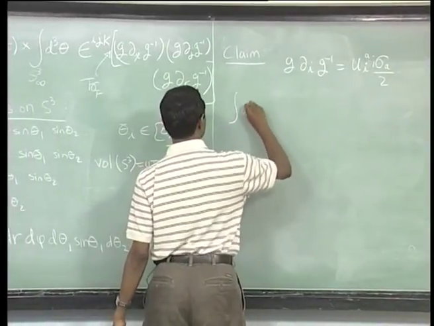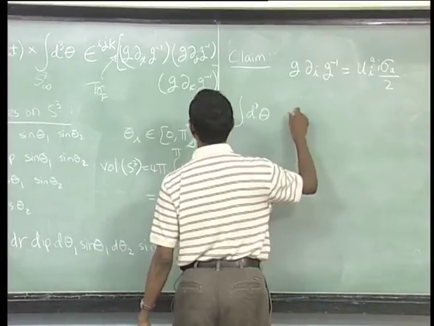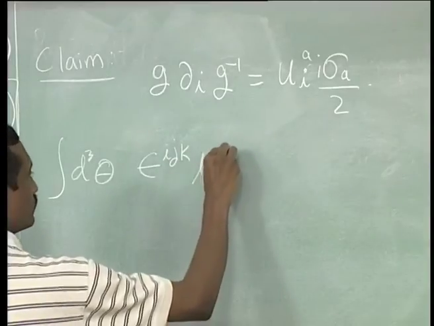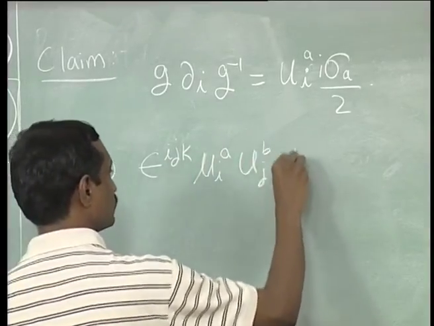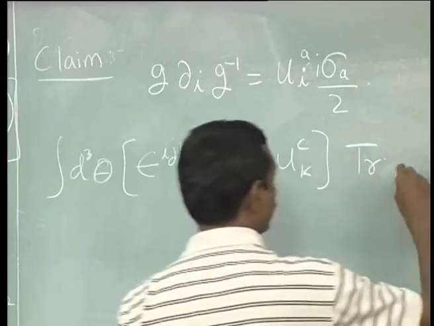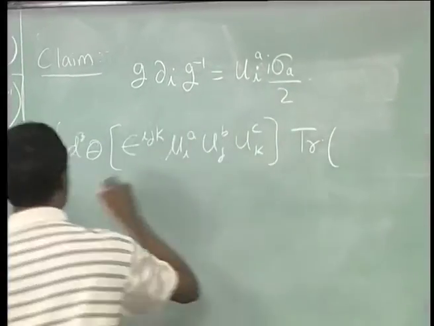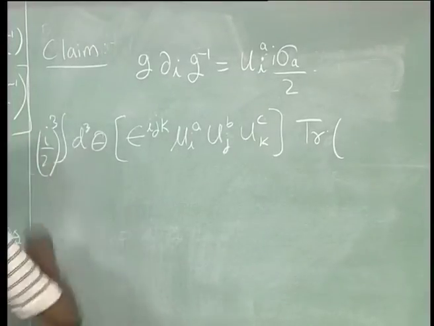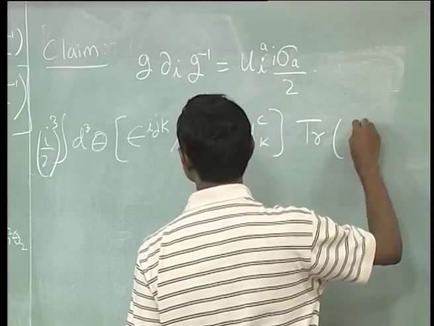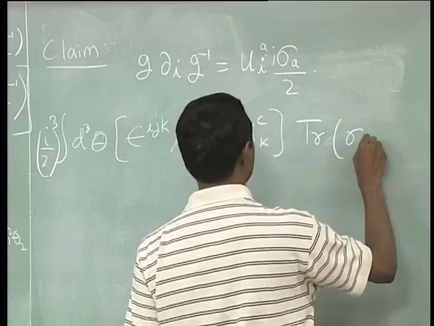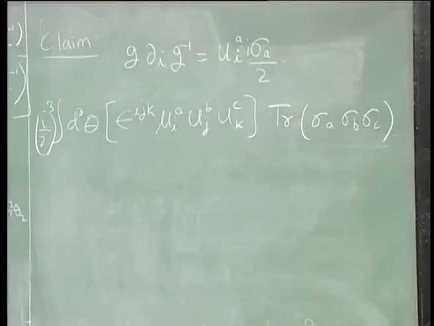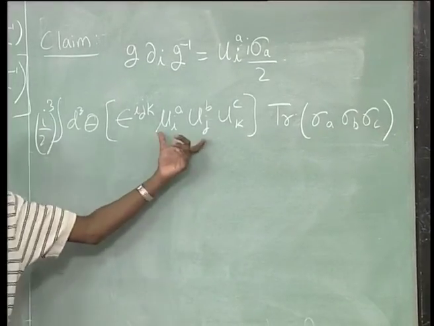So there is an (i/2) whole squared, a cubed. This is what we have to evaluate, but what is this equal to?